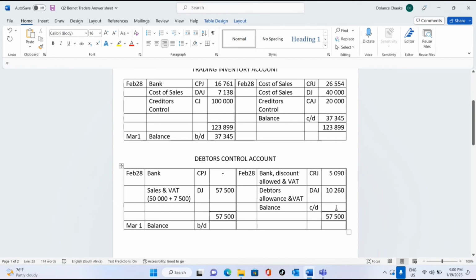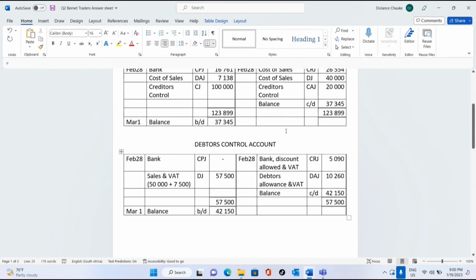How much is your balance carried down? 42,150, correct? This is your closing balance, and it will be your opening balance in the following period. We're done with that, right?